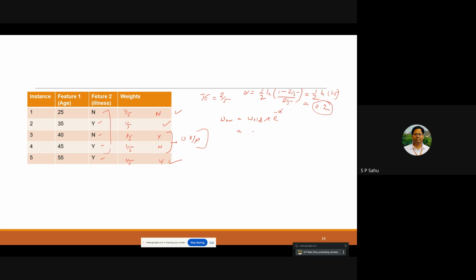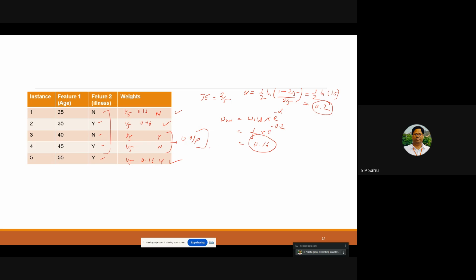So it is 1 by 5 into e to the power minus 0.2. I have already calculated this, and it becomes 0.16. So for correct output, the new weight will be 0.16, and 0.16 for each correct sample.